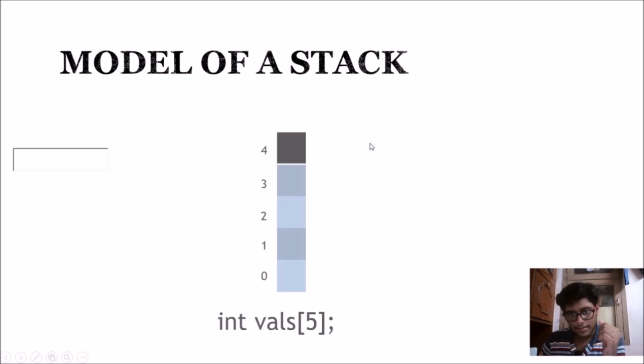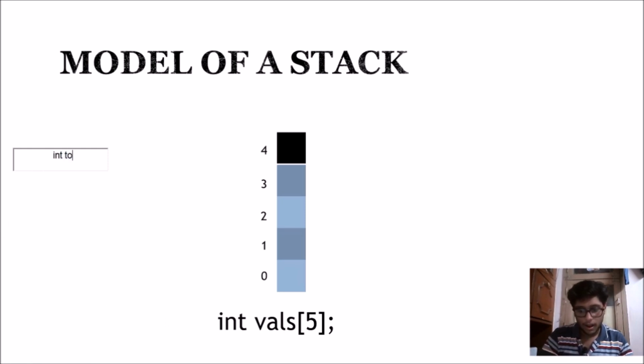Okay, so the model of a stack, what do I mean by that? The model of a stack is basically what I need to create a stack. I need some space to put the numbers on, or the characters or strings or the books like in the previous section. That space is an array in this case. So this 5 can be any number based on your convenience and use.